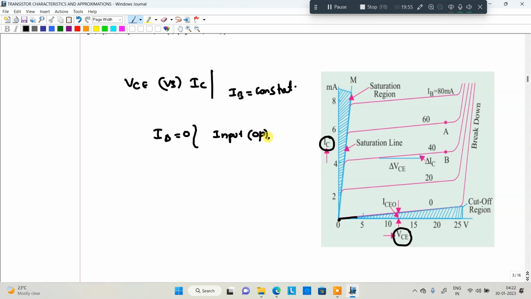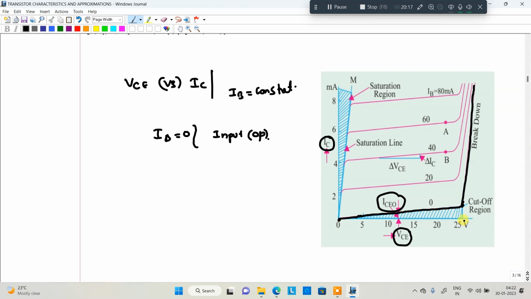When the input is open circuited, what will happen? Leakage current. Just now we discussed the ICEO leakage current concept. Due to the minority charge carriers, a very small amount of current will flow, and then once you reach the breakdown voltage, the transistor enters the breakdown region.